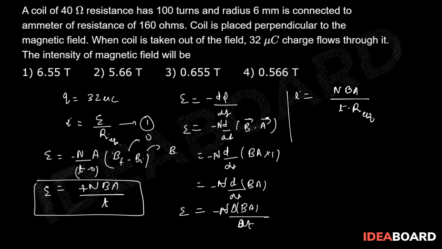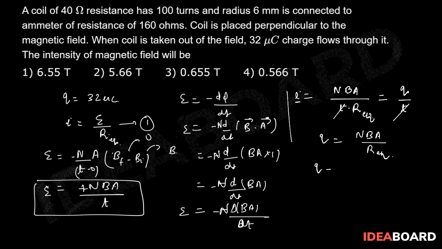Perfect. And one more thing, we know that I is equal to Q divided by T, so total charge flown in that time. So this Q will be equal to, T will be cancelled out, so Q will be equal to NBA by R equivalent.